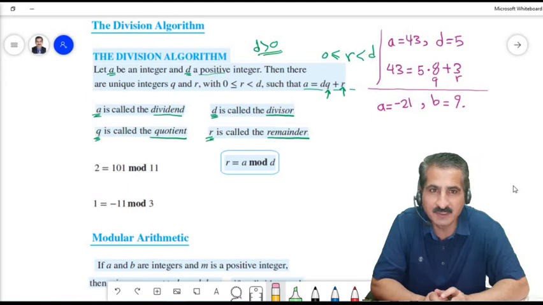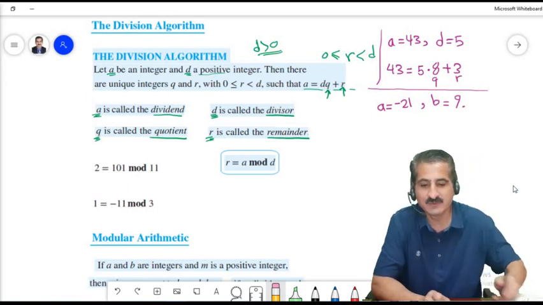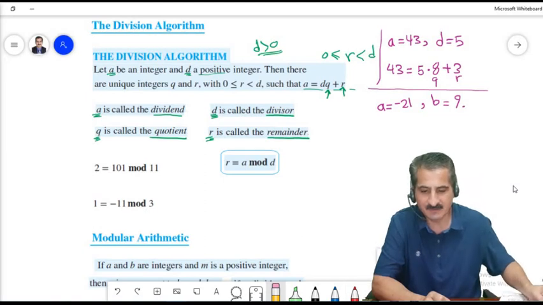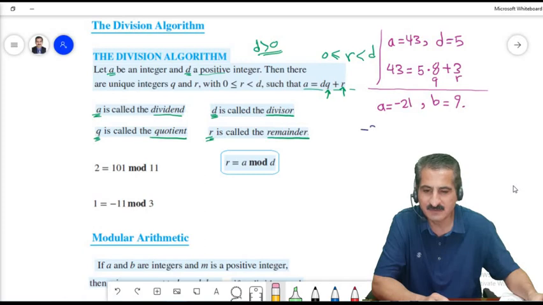You are not allowed to give a negative remainder. So we will not do the following. You might think it is negative 21 equals 9 times negative 2, which is negative 18, plus negative 3.